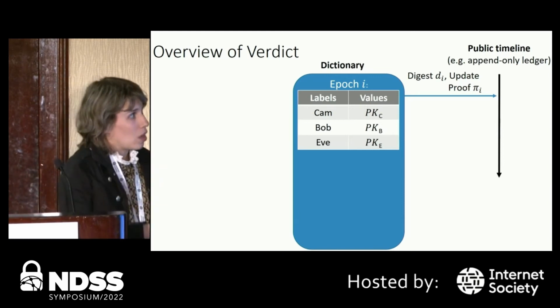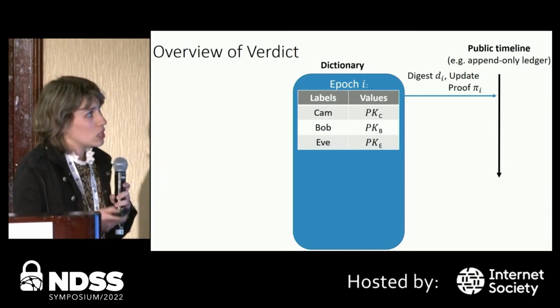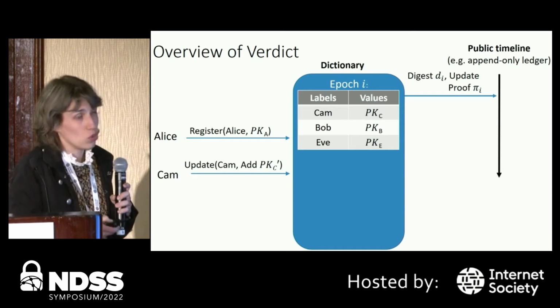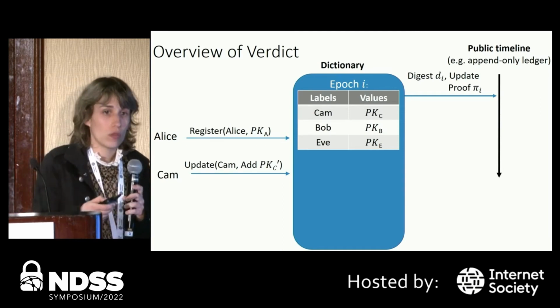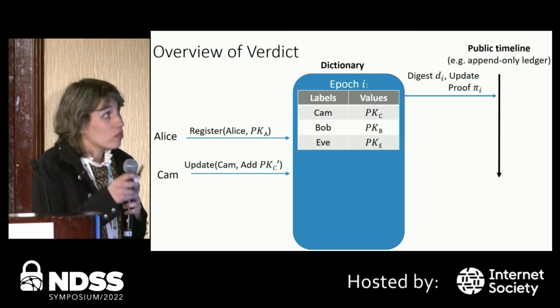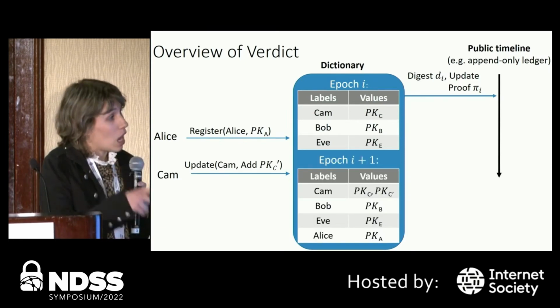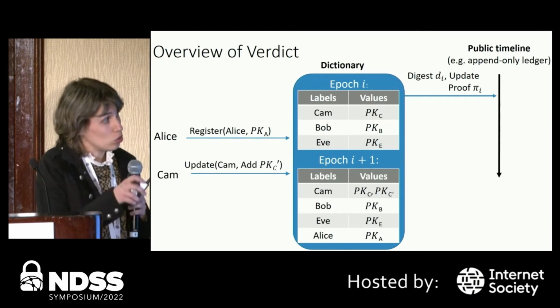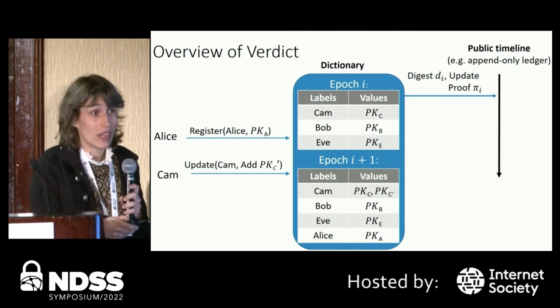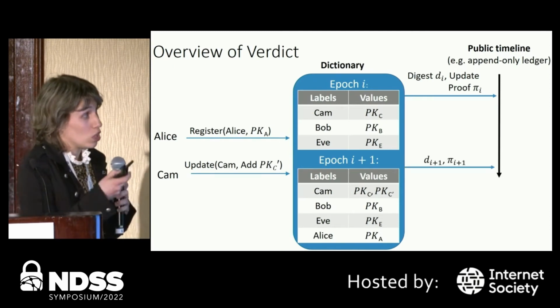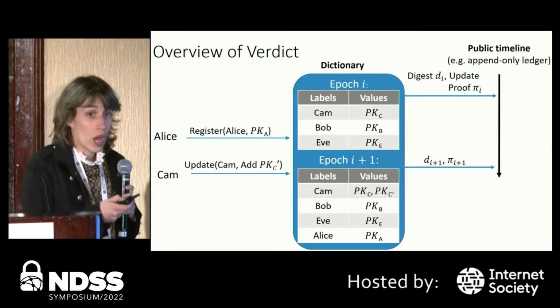During the epoch, the dictionary receives updates from the users that want to register themselves or update their keys, and it buffers all of these updates. At the beginning of the next epoch, it applies all of these updates to its state, and then it commits to its state, producing a new digest, along with a new update proof.